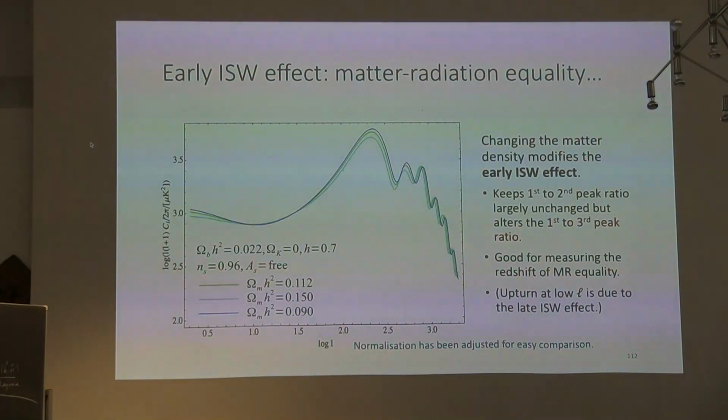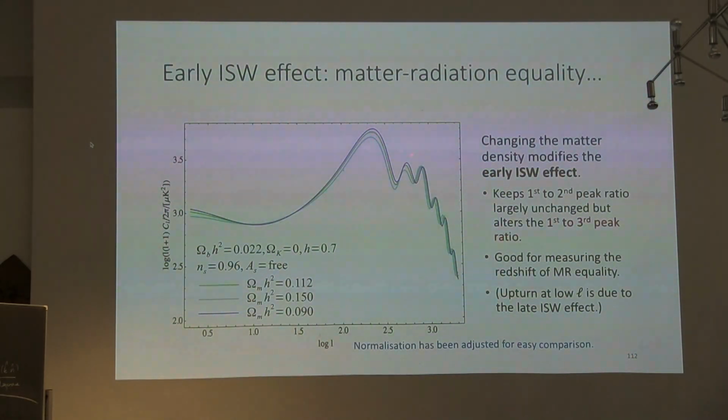Here's an actual picture illustrating the effects of the early ISW effect. Again, 3 cases with different matter density parameters. I should have done this a bit better to have some order. The blue line is the one with the smallest matter density, followed by the green line, followed by the light blue line.